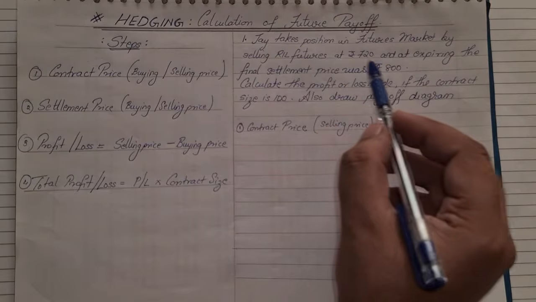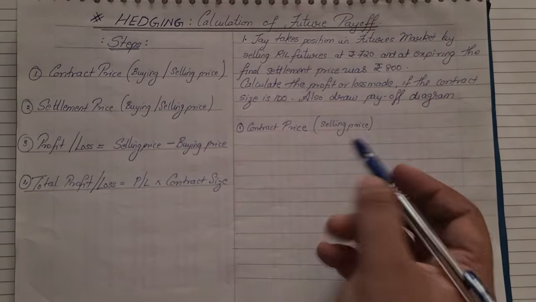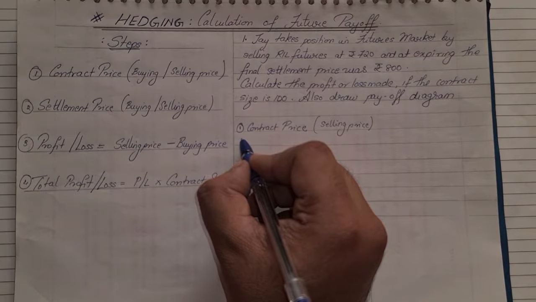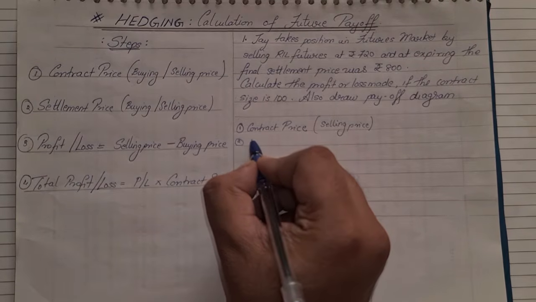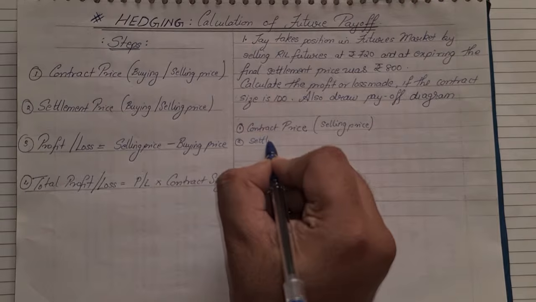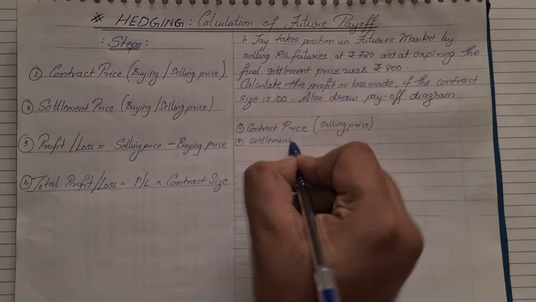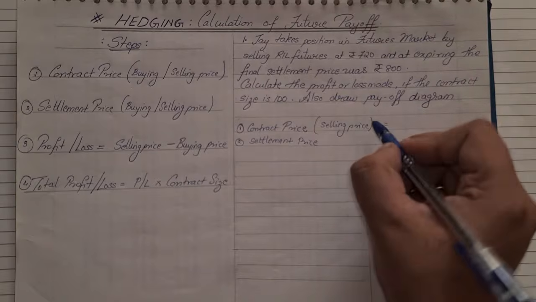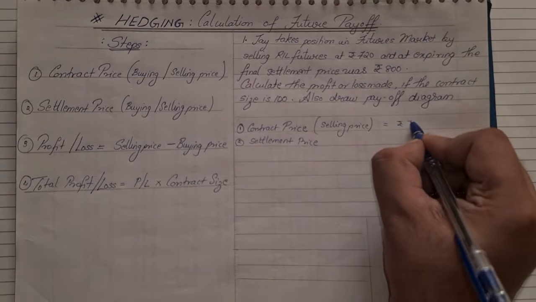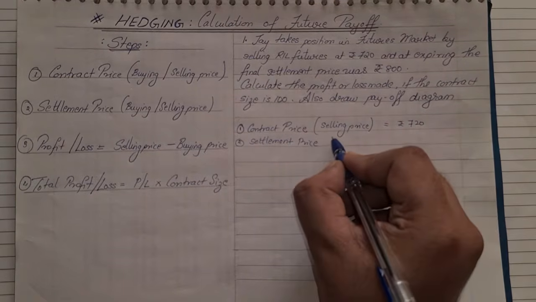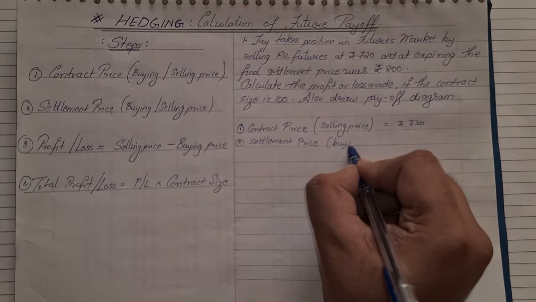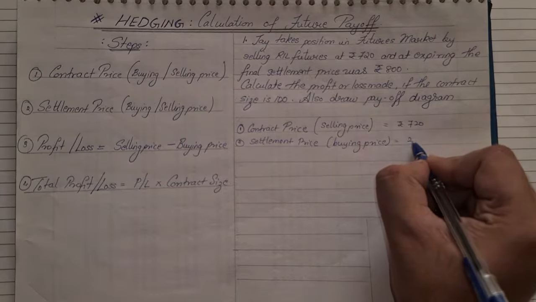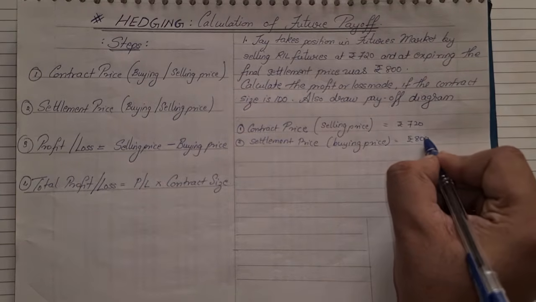And if I sell right now, in future my settlement price will be based on buying. So step number 2, the settlement price. I'll note down here that the contract price is rupees 720. Settlement will be based on buying, so my buying price will be rupees 800.